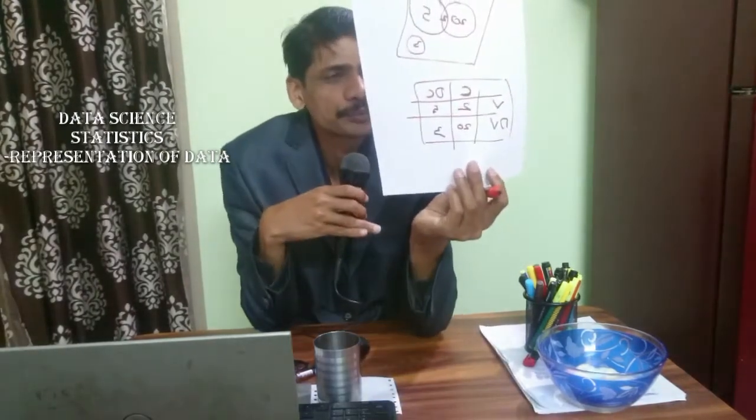And now we will move to the second row, first column. Don't want to play volleyball but they want to play cricket. How many of them are there? 20 people are there. Now comes the interesting point. The DV and DC combination. Don't want to play volleyball as well as don't want to play cricket. How many are there? These 3 people are there. See, now we fill this box.